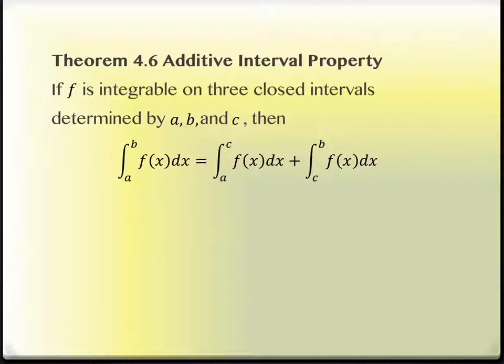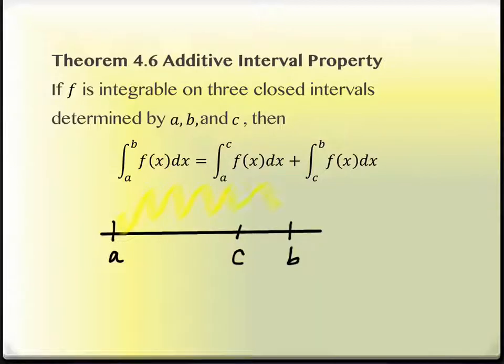There's a very nice property. This is called the additive interval property. And again, all of these kind of make sense. What this is saying is that if I have an interval that goes from A to B, and C is somewhere in between, right? And there's some shading going on above it.